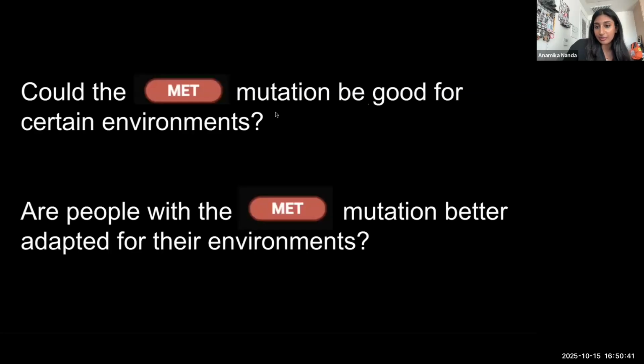And that's something I'm studying right now, where this mutation might be good in certain populations, and I'm trying to figure out if that's true and why this mutation might be better in different environments. So the people that have this mutation, maybe there's something good for them about having that versus people who don't.